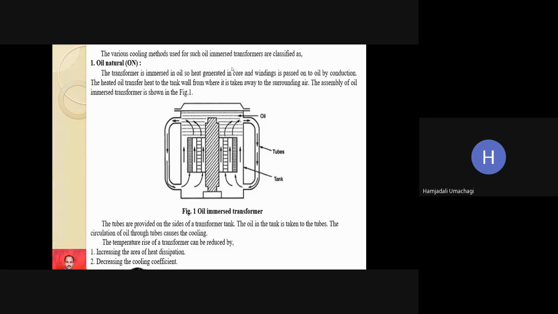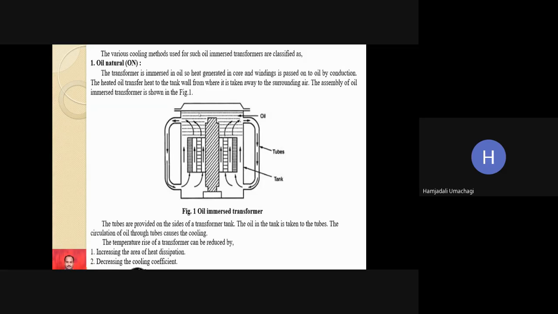So this is the diagram for the oil immersed type of transformer, where it has some tubes to carry the heat, and this is the transformer tank. Inside the tank we have all the windings here. See here, the transformer is immersed in oil, so the whole transformer core as well as the windings are immersed inside the tank, and this tank carries the oil.